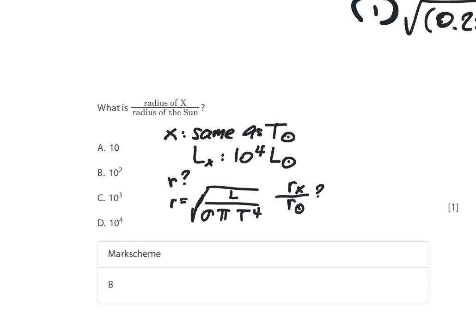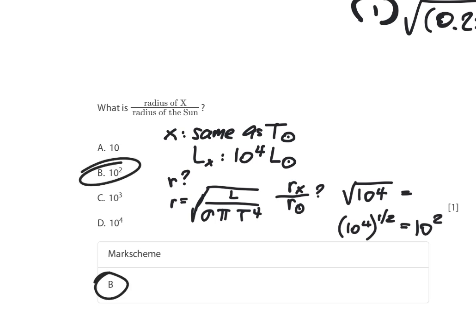But X has 10 to the 4 the luminosity that the sun does. So looking at the ratio of the two, we basically are left with radical 10 to the 4. Because the constants are all the same, the temperature is the same, just the luminosity is different. And so the square root of 10 to the 4 is 10 to the 4 to the 1/2, which is 10 squared, which is choice B.